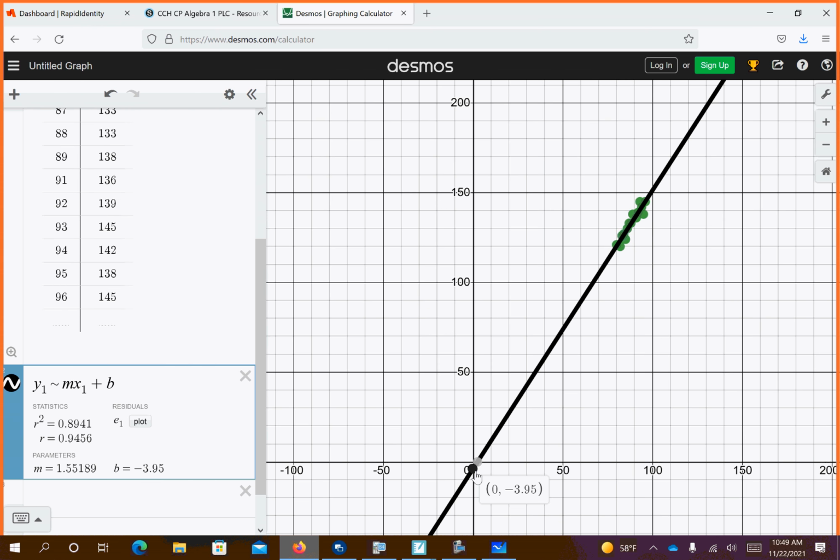Does it make sense if it's 0 degrees outside, we have negative people at the pool? No. But because our data is way up here, we're doing an extrapolation. An extrapolation should not be trusted in statistics. Unfortunately, an extrapolation is often what you could do.